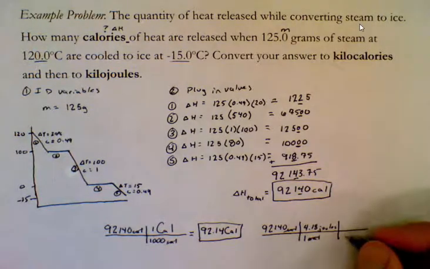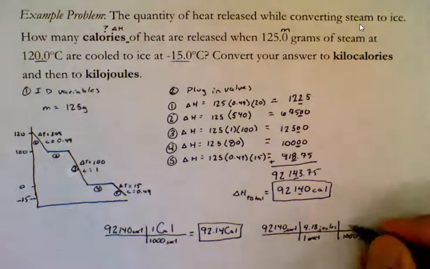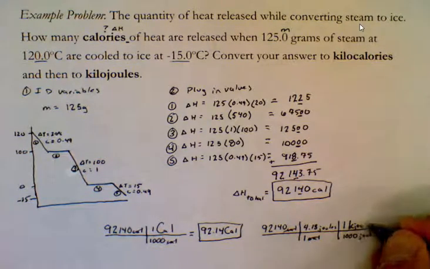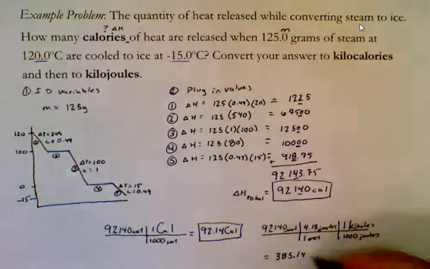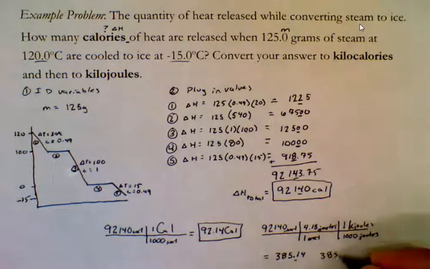And then for every 1,000 joules, there is 1 kilojoule, just using metric prefixes to make that conversion. Joules will cross off. This math gives you 385.14, but we get 4 sig figs, so 385.1 kilojoules.